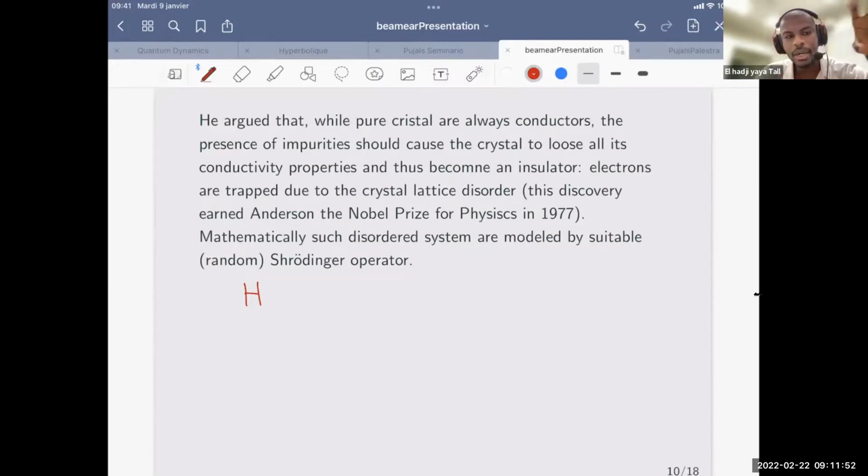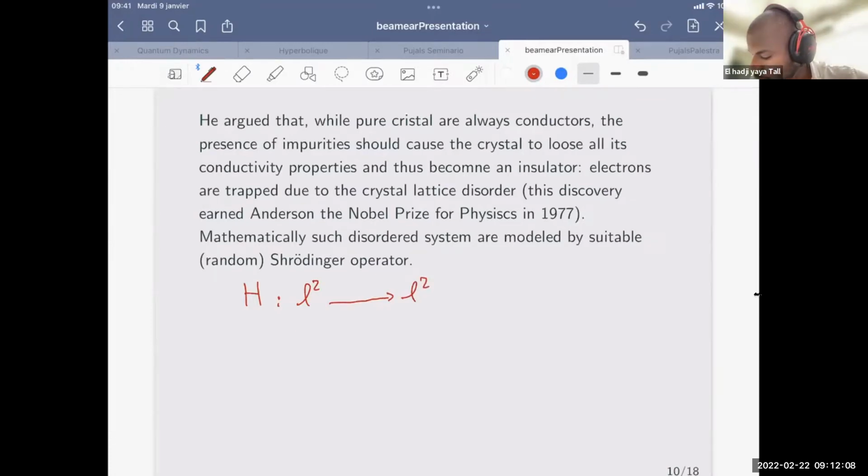Things that are scalar in classical mechanics become linear operators in quantum mechanics. So H is a linear operator, defined from L2 to L2. L2 is the space of sequences that are square summable.